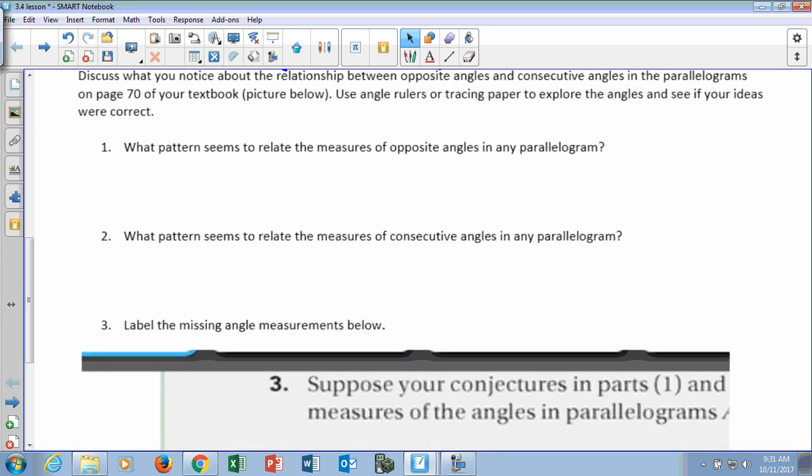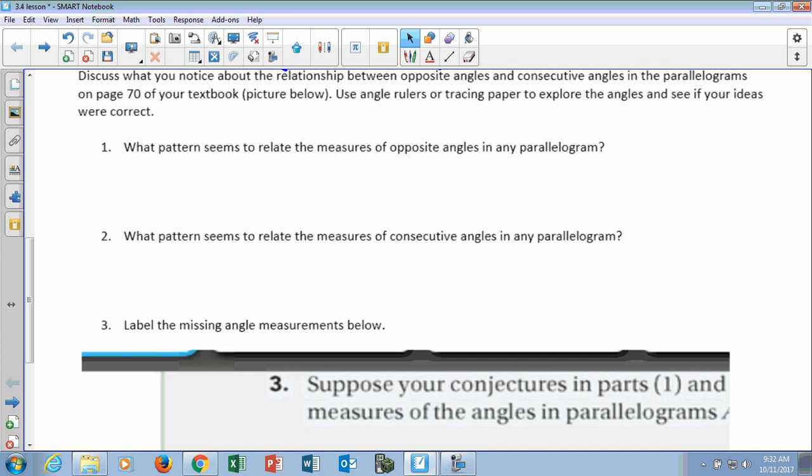So it says, what do you notice about the relationship between opposite angles and consecutive angles in the parallelograms on page 70 of your textbook? Use any rulers. So, if you look at the picture there, angles are opposite each other, right? That's a cross. Consecutive ones are the ones that are? Yeah, they share the side. Okay.